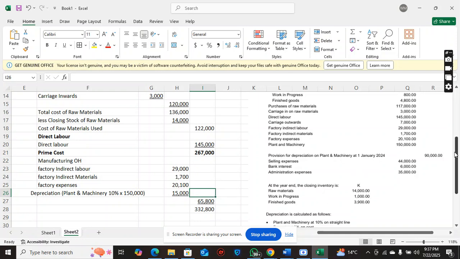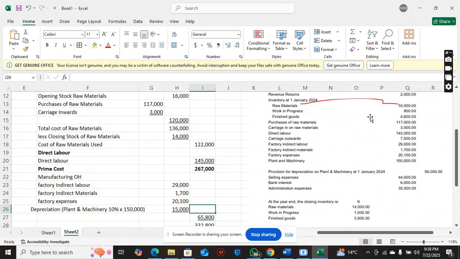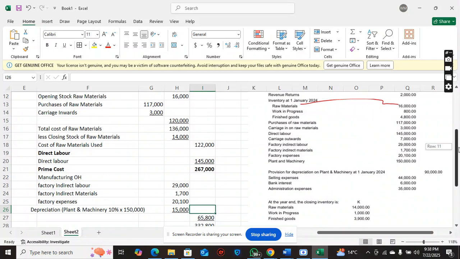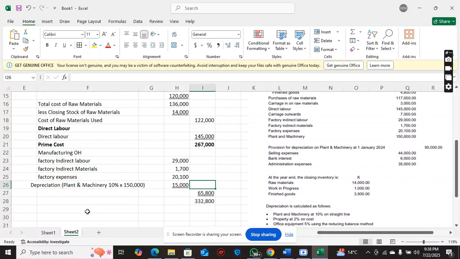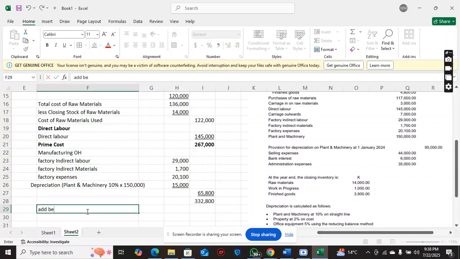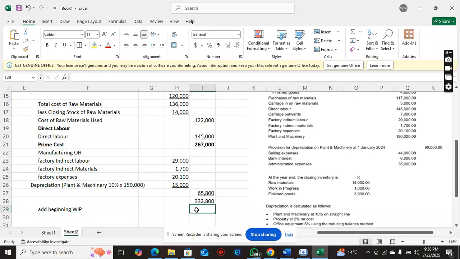Let's see, this one here, the 800. Add beginning work in progress, 800. Then what else? Less ending work in progress.